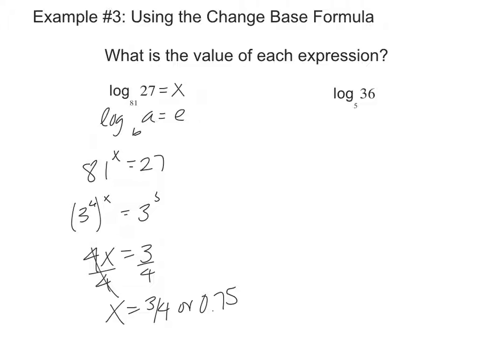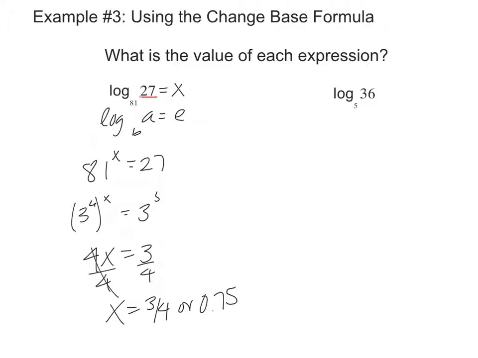The other way is to just take the log of the outer number divided by the log of the inner number. So this is going to be rewritten as log of 27, regular base 10, over log of 81.